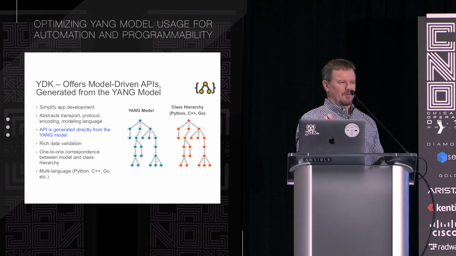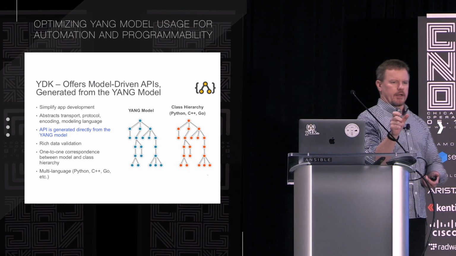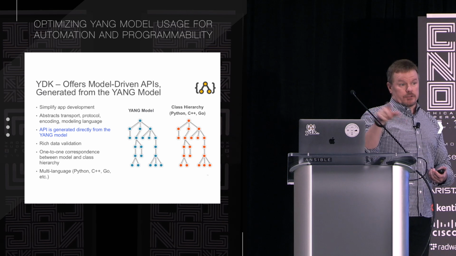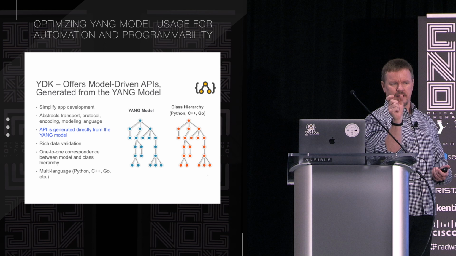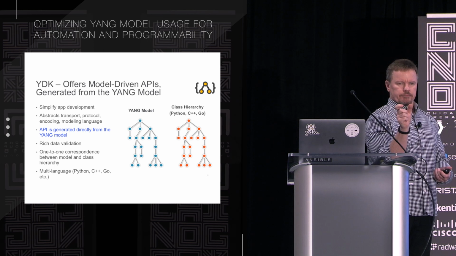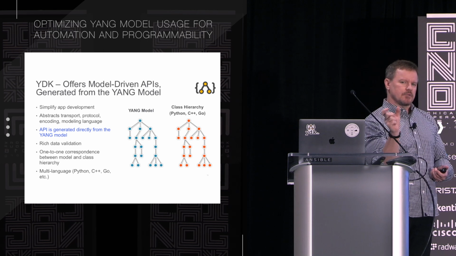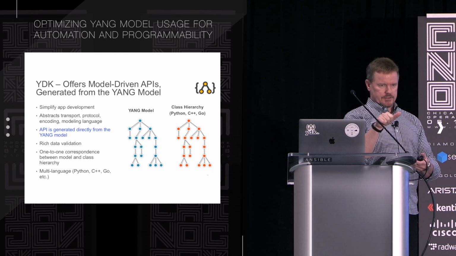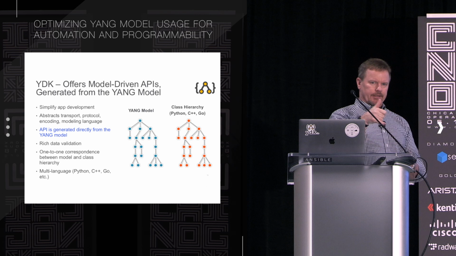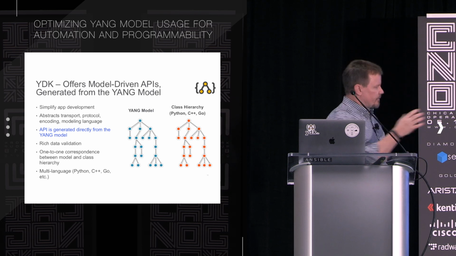For example, in my demo, I'll do a little error where I try to fake the model out and let it do local validation so it knows exactly what those parameters are. It knows that an MTU is an integer. It knows that that integer in an MTU has a range, right? It knows that a description is a string. Those are the types of things we can actually do.